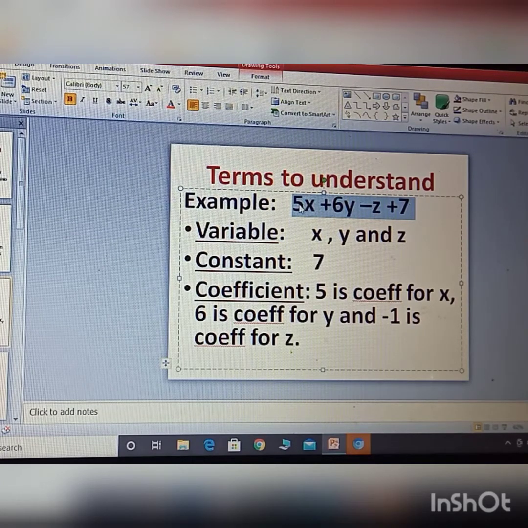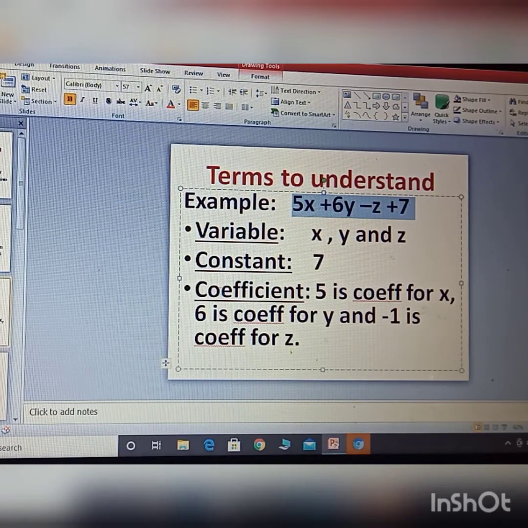While multiplied with a variable which has different values, x may have different values, y may have different values, so it's not a constant. The whole value will not be a fixed value, it may have different values. So that is why 5, 6 and minus 1 are not considered constants. Only the term 7, which doesn't have any variable multiplied or divided with it, is a constant.